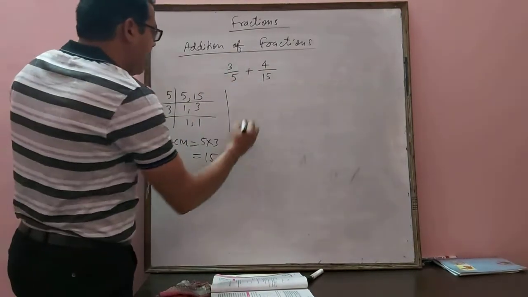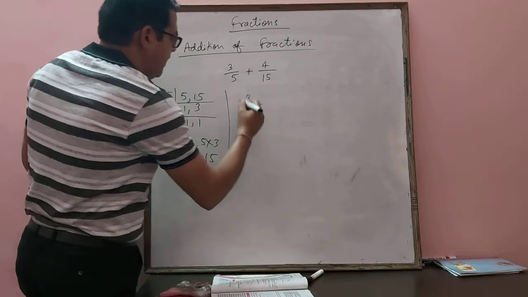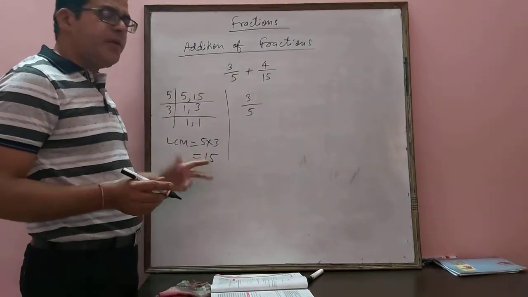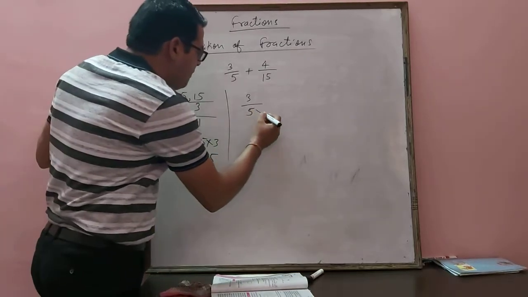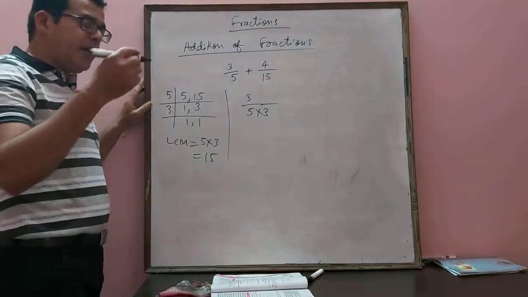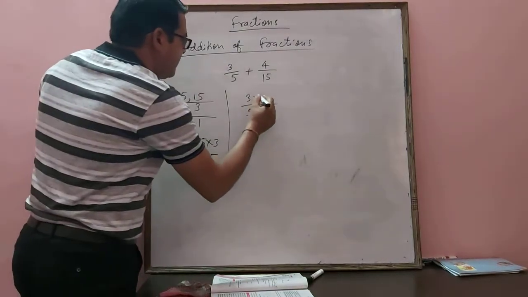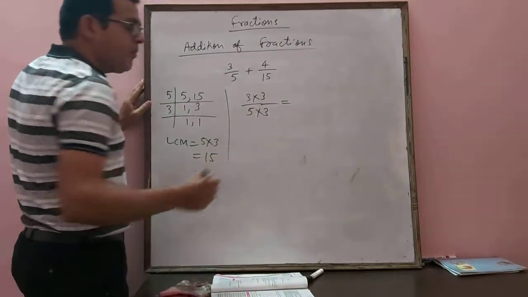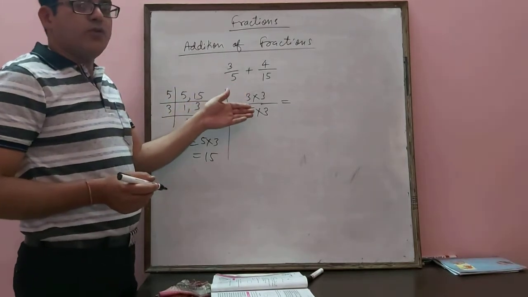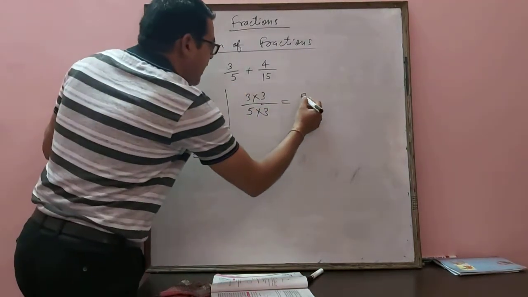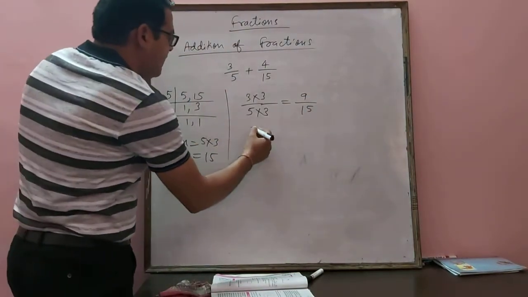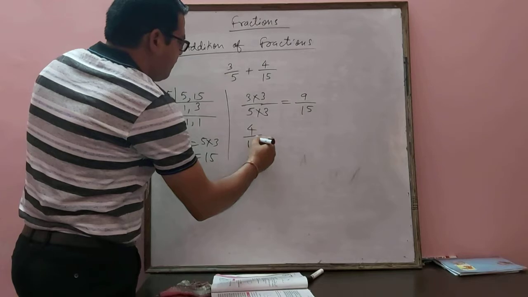So the first fraction is 3 by 5. It means we have to change this 5 into 15. How? If we multiply this 5 with 3, we can make it 15. Since we are multiplying the denominator by 3, we should also multiply the numerator by 3. So we have 9 by 15 here. And the second fraction is 4 by 15.